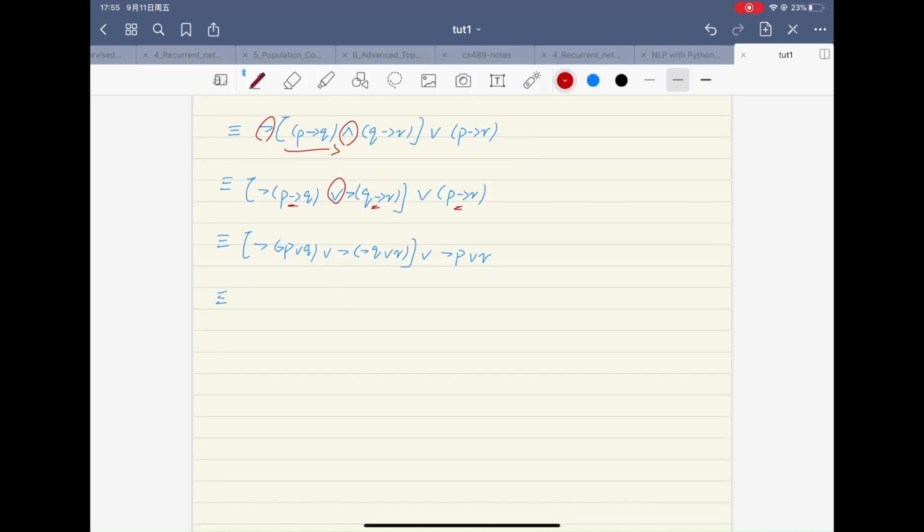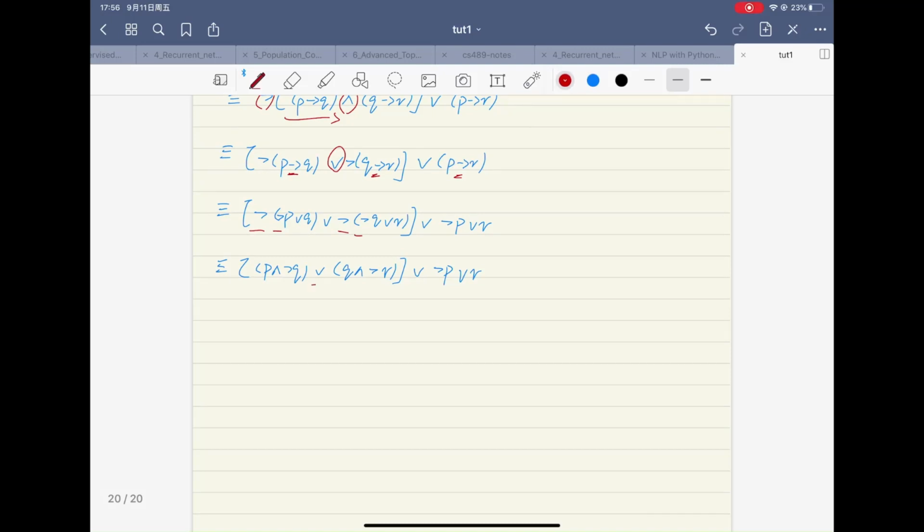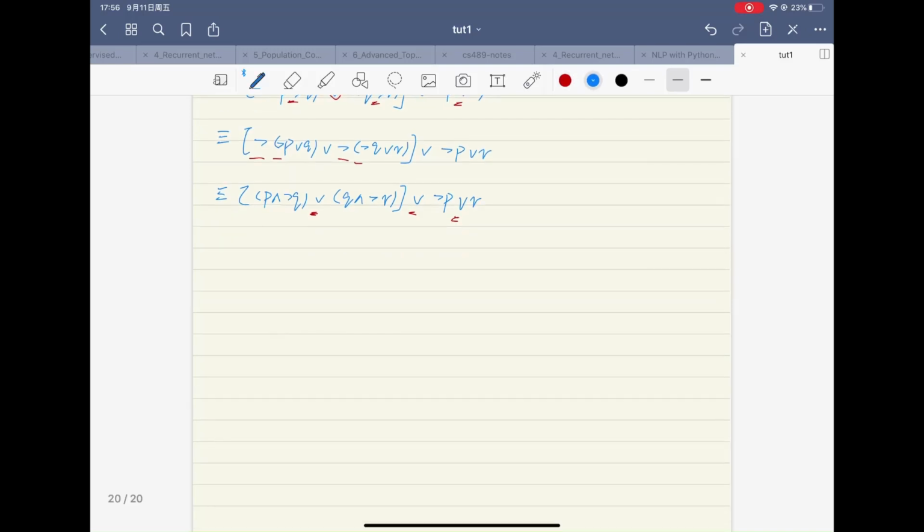Next step, same way we want to put the negation inside, then we can eliminate the negation here, so we have P and not Q, or Q and not R, or not P or R. Because the logic connectives are all disjunction, you are free to change the position of any statement.